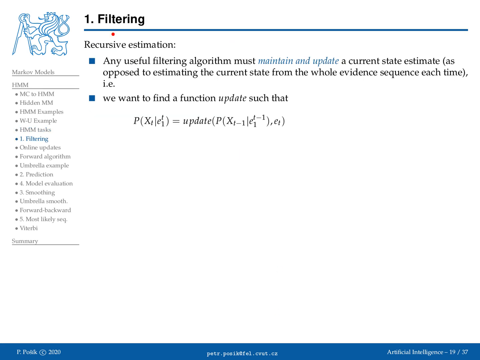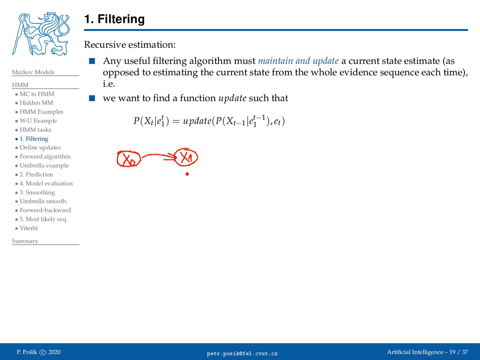First, we will talk about the filtering. Imagine what happens, right? You have some initial distribution or initial belief over the states at time 0. And you know that something happens, right? The state advances to time 1, but you cannot directly observe it.